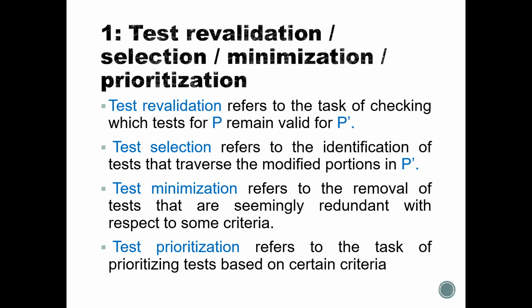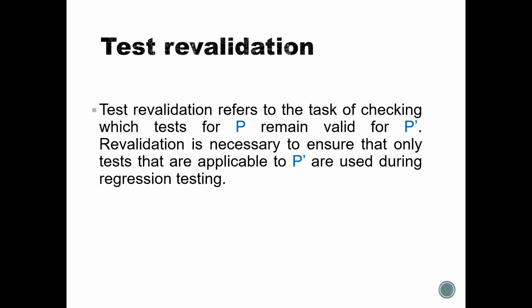Test minimization means you want to remove certain tests which you think are redundant, with certain criteria that need to be set up during this process. And prioritization refers to the task of prioritizing tests based on certain criteria, like which tests should go first and which should go next, and so on. We will see these things with an example in our upcoming slides.